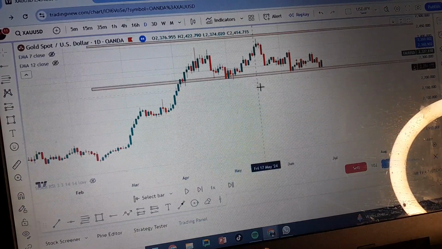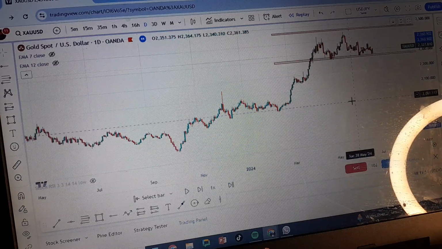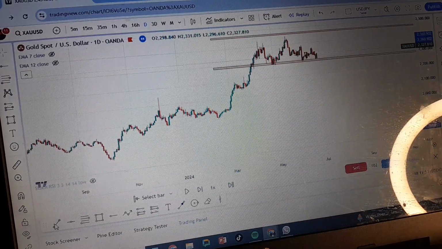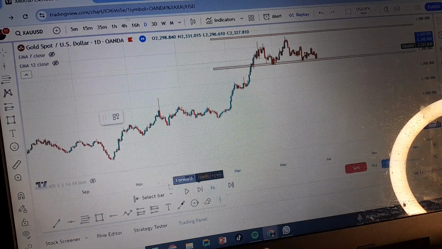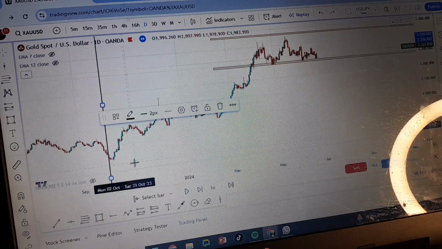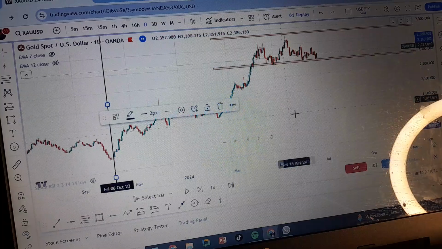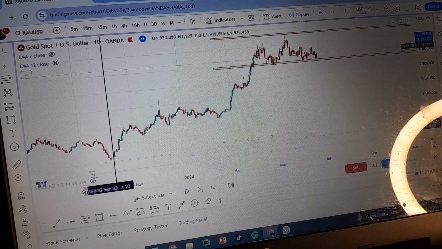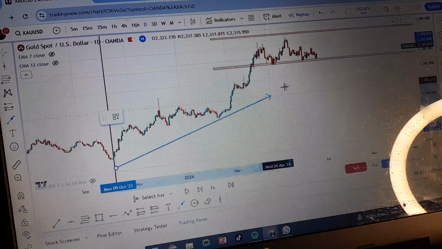For example, if now I'm looking at the upper time frame right now, you will notice that this trend for gold from say November or October here, October, the price has been consistently moving up. So we can actually say it's an uptrend. As you can see right now, the price has consistently been moving up in that direction.